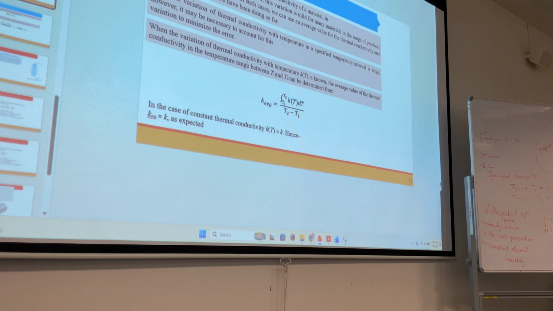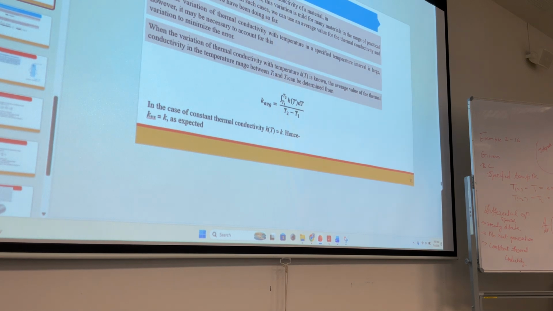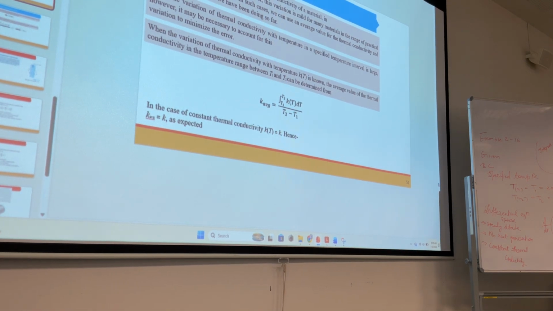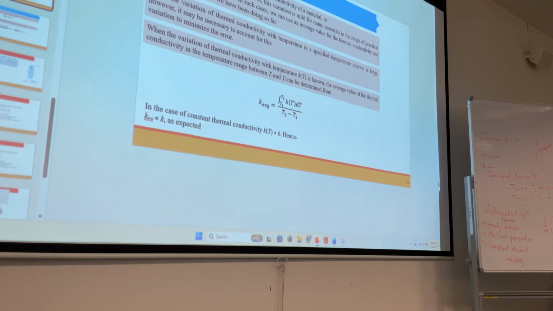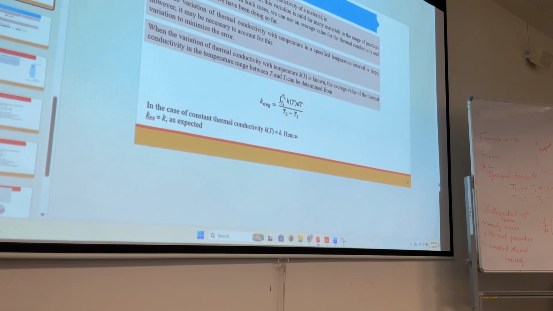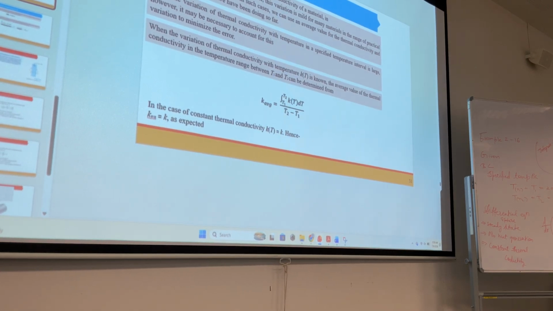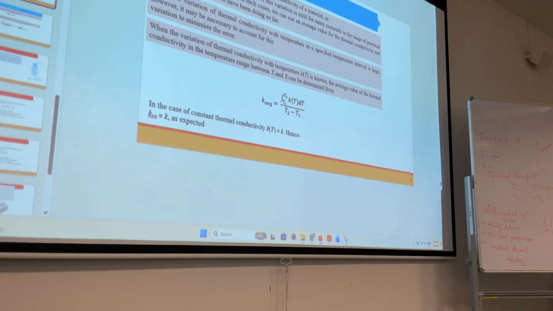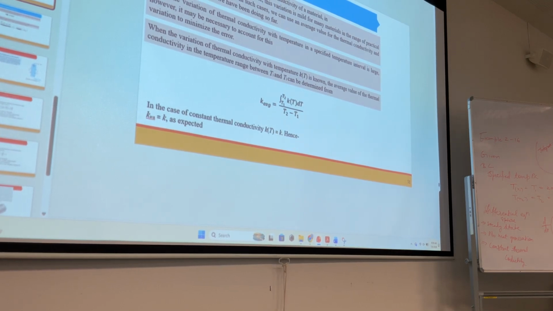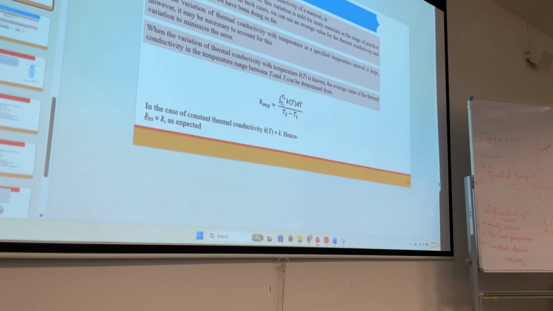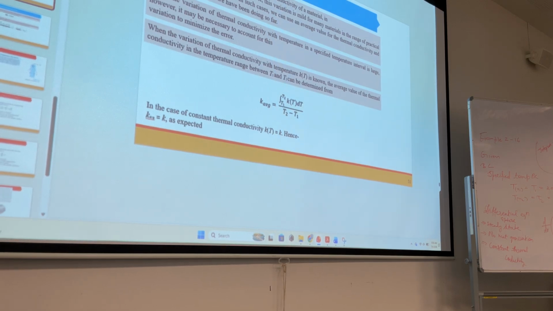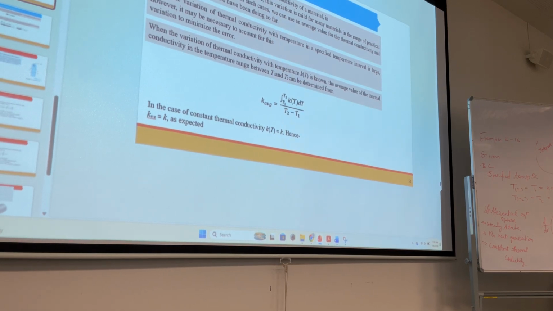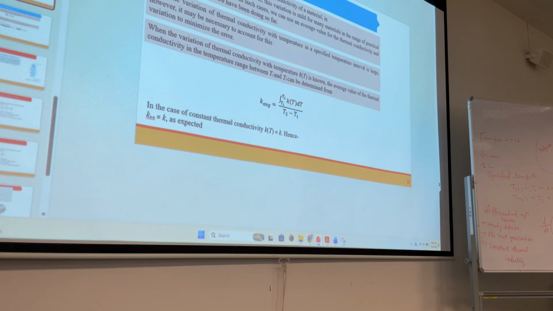So you will recall from chapter 1 that the thermal conductivity of a material in general varies with temperature. However, this variation is mild, mild means very low, for many materials in the range of practical interest and can be disregarded. In such cases, we can use an average value of the thermal conductivity and treat it as a constant.